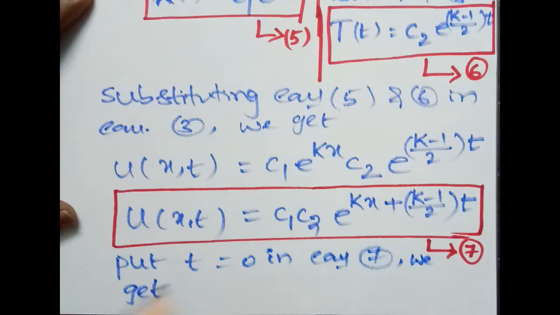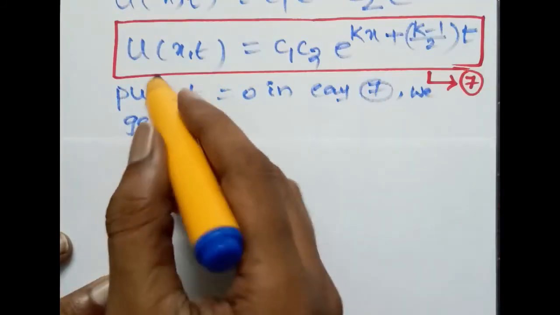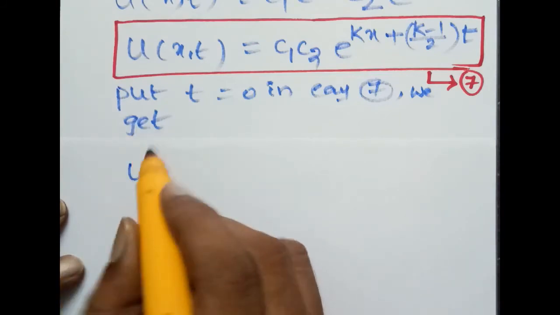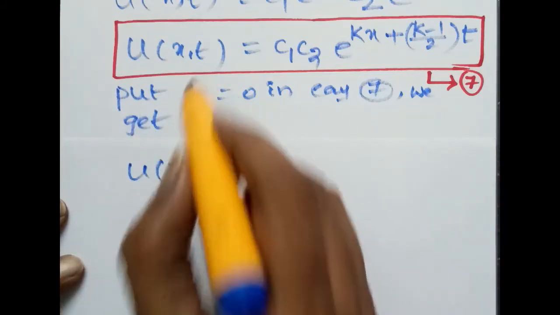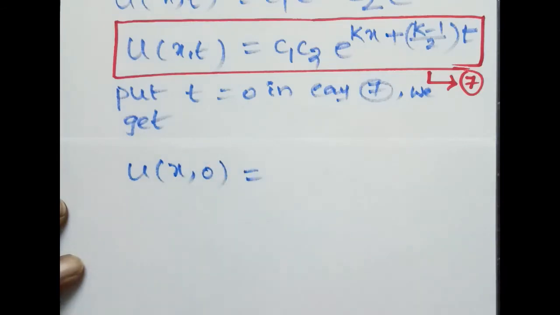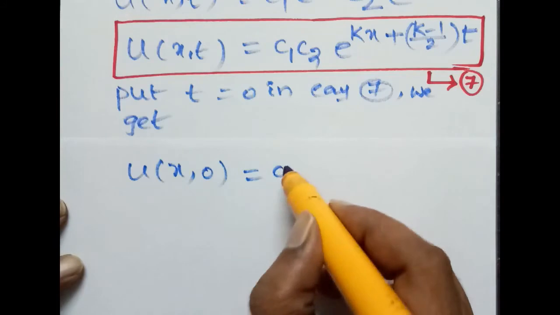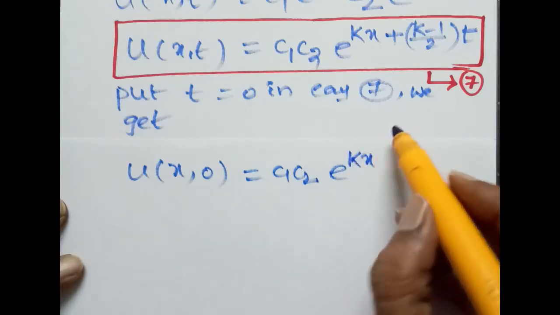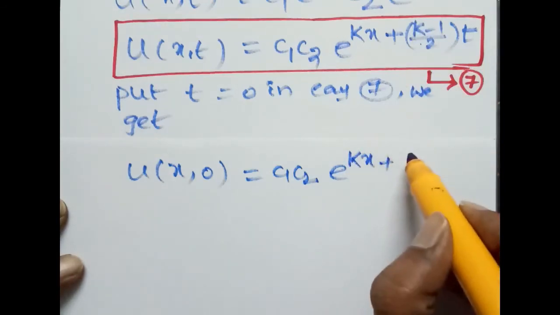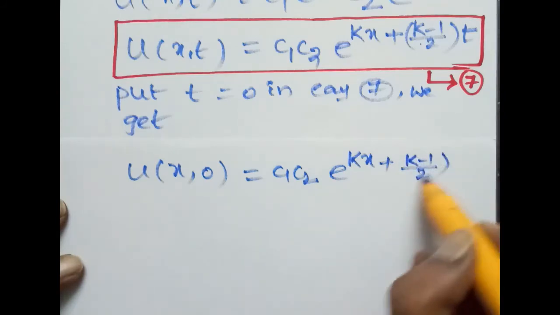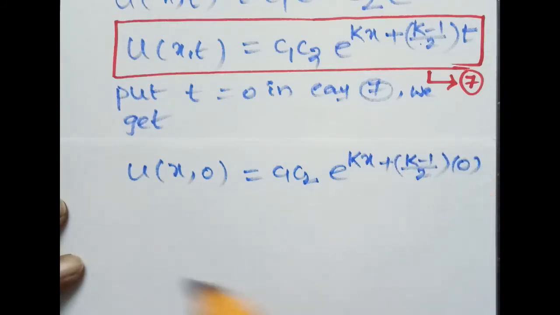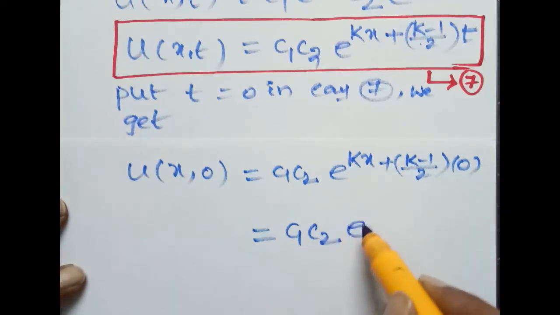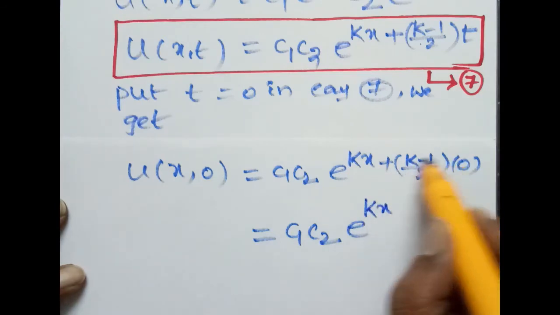We get u of x comma 0 equal to c1 c2 into e to the power of kx plus (k minus 1 by 2) into t value 0 we are substituting. Therefore this is equal to c1 c2 into e to the power of kx.